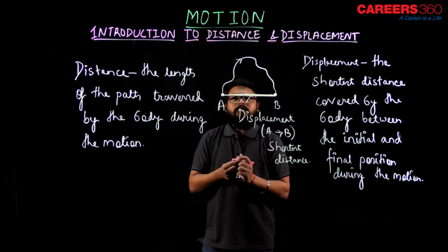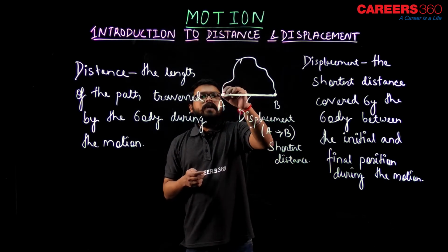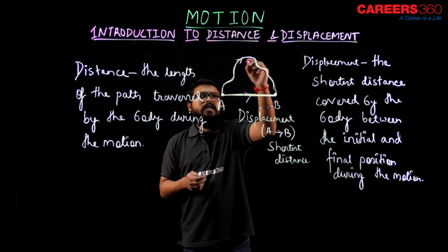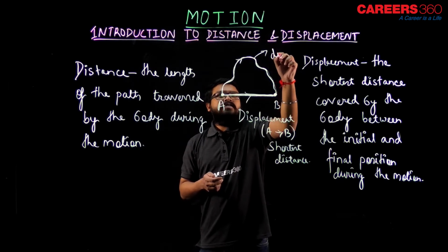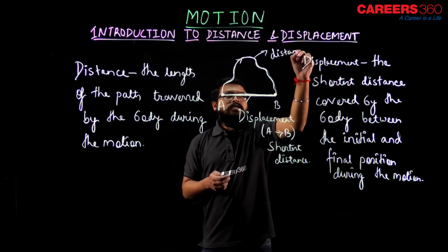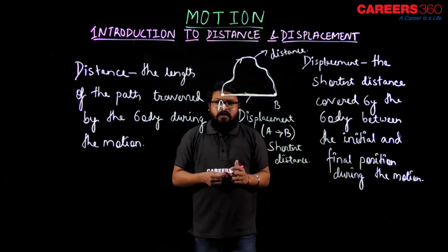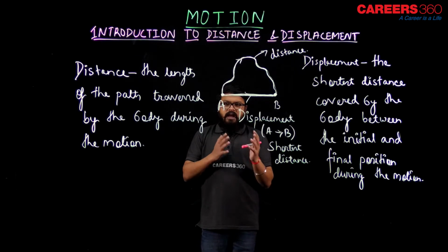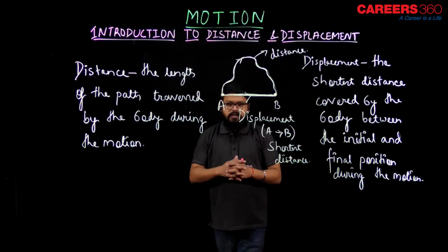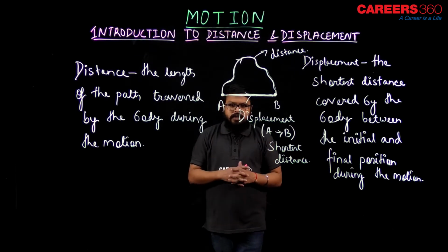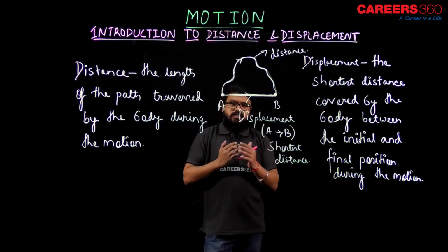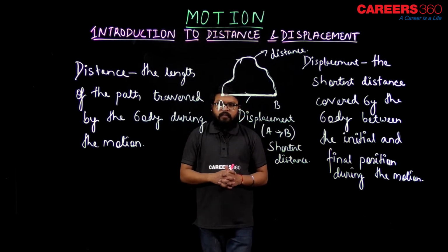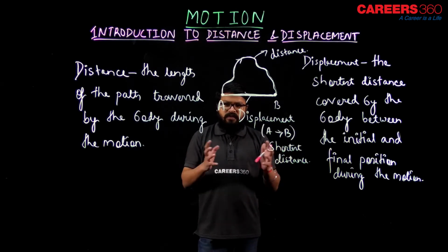And this one over here, which is the actual path, and the length of that path is the distance. I hope you got the difference and the definition, right?